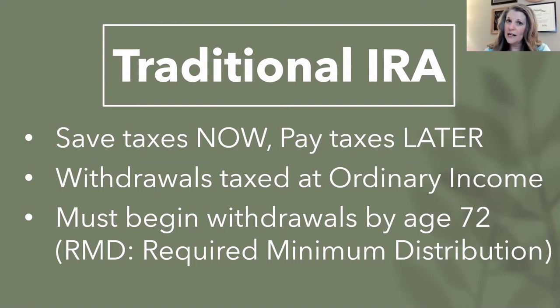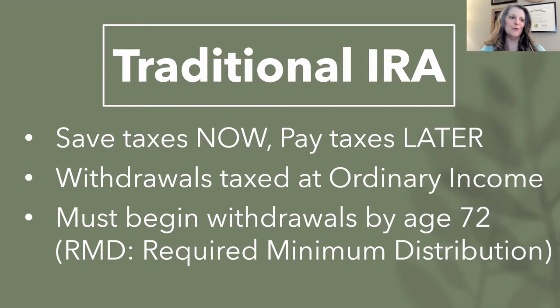And with traditional IRAs, they have required minimum distributions, or RMDs. The law changed to where now if you are 72 years old or older, you have to pull money out of your IRA. And you think, why? If I don't need the money, why do I need to pull it out? Well, it's because Uncle Sam wants his share.